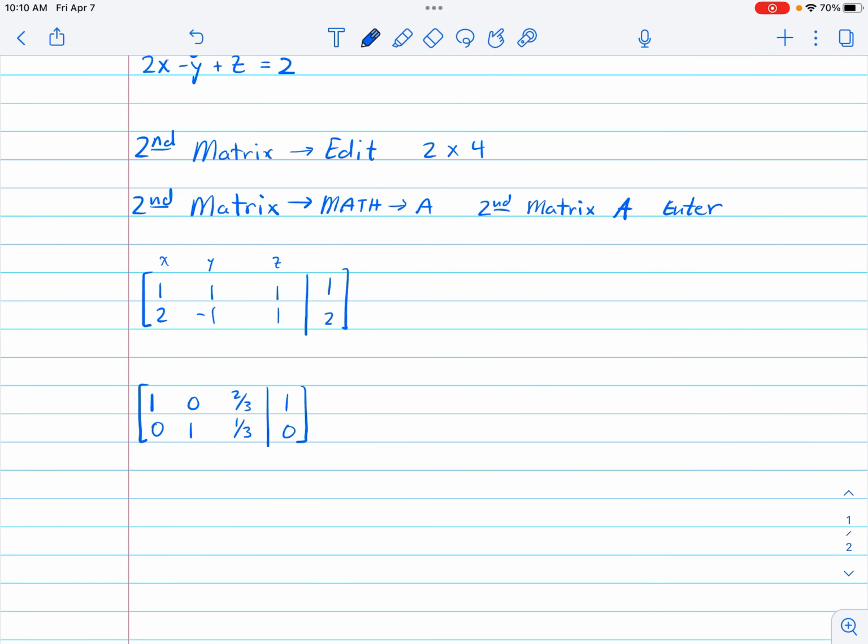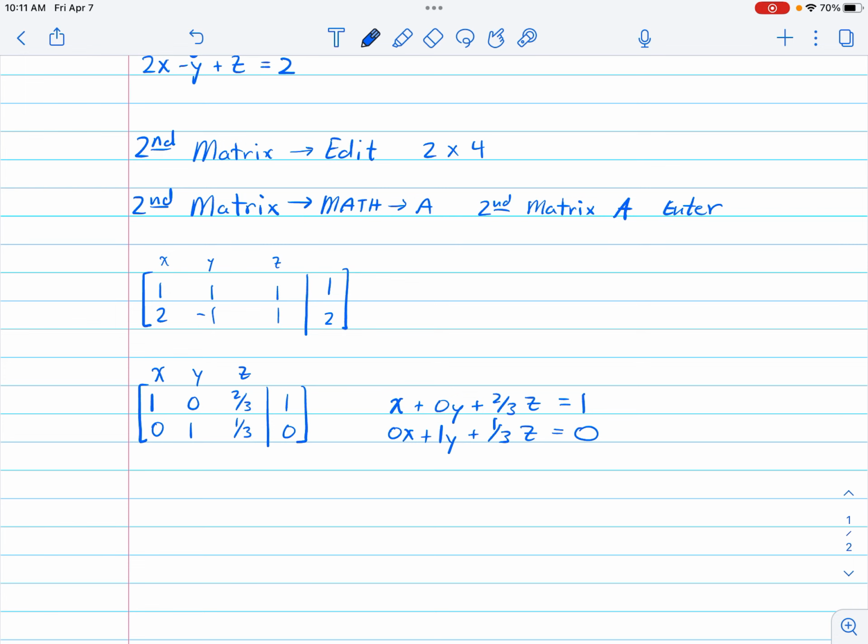Now, here's what we've got. This says 1x plus 0y plus 2/3 z equals 1. See, because this is the x, y, and z. And then down here we've got 0x plus 1y plus 1/3 z equals 0.